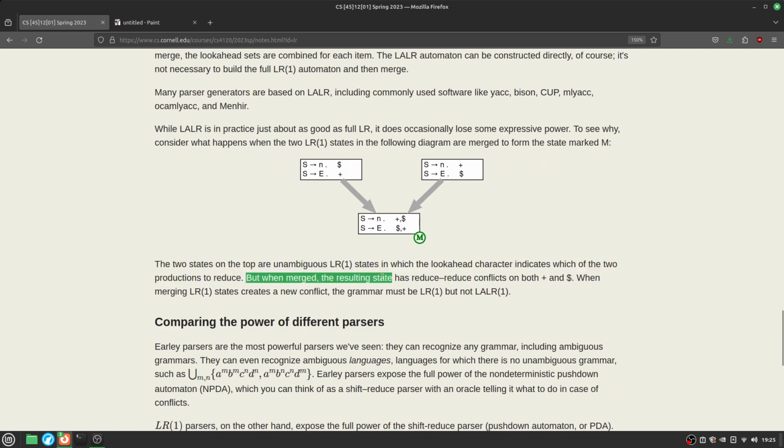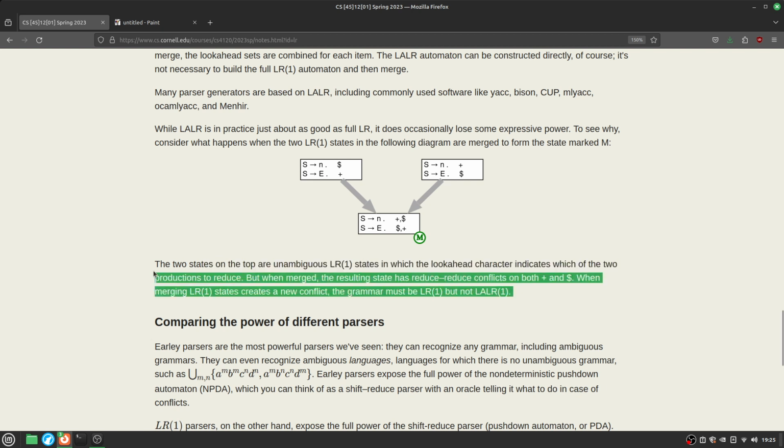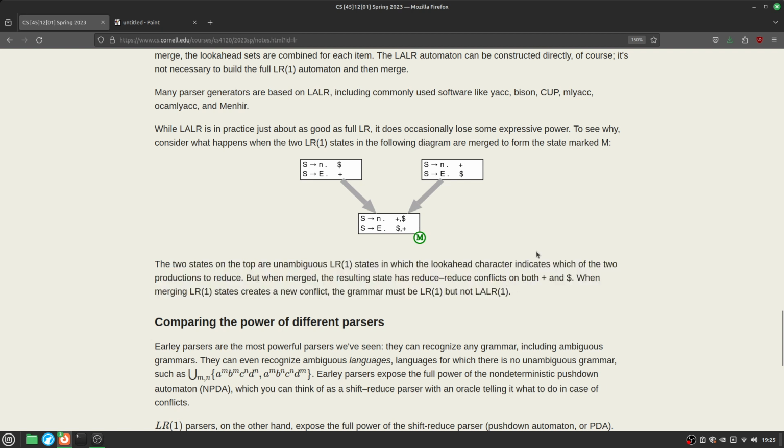But when merged, the resulting state has reduce conflicts on both plus and the end of input symbol. When merging LR1 states creates a new conflict, the grammar must be LR1 but not LALR1. So to be LALR1, we can't have any reduce-reduce conflicts or shift-reduce conflicts.